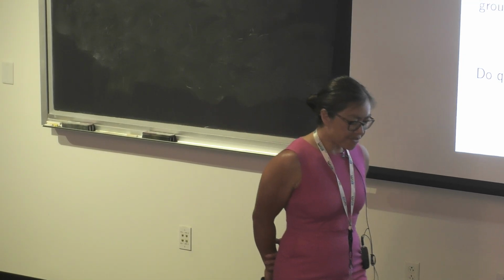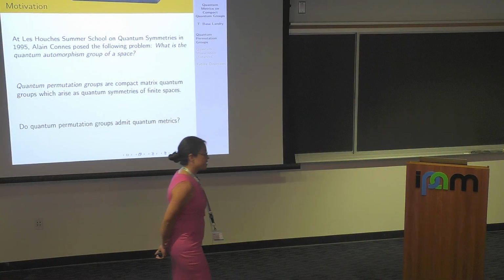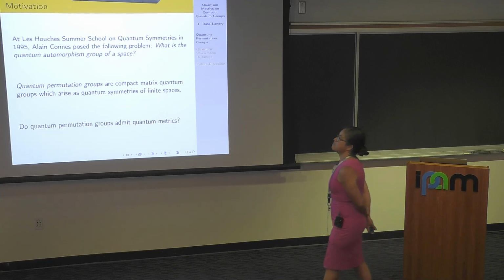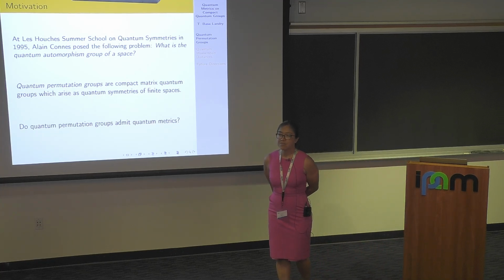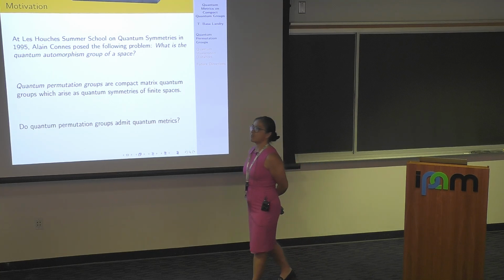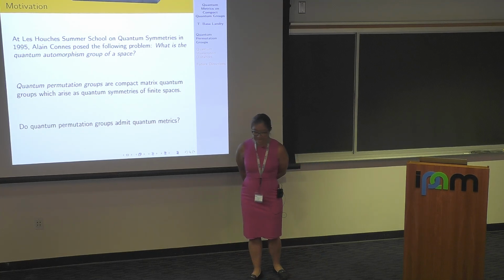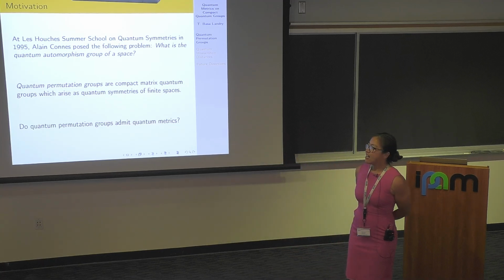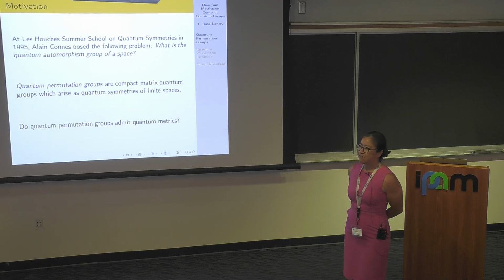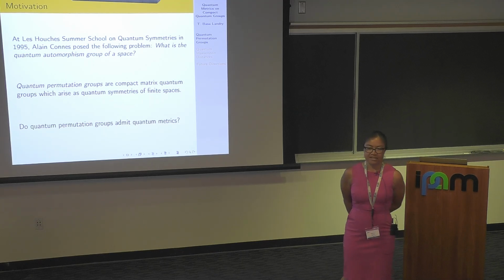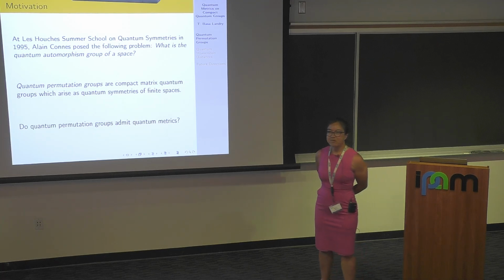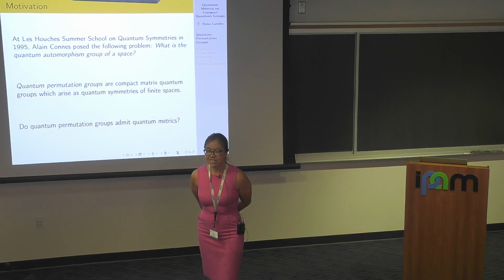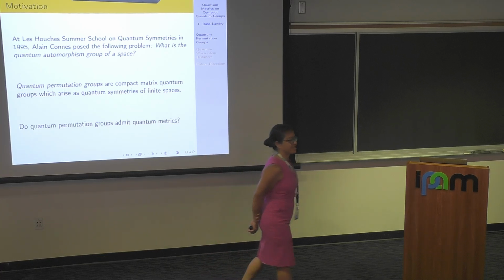Of course, if you can define a metric on a quantum permutation group, then you can measure how closely two automorphisms act on a space. And if your metric is the appropriate quantum analog of a Wasserstein distance, then it would give a meaningful way of measuring the cost of moving one state to another under elementary transformations.